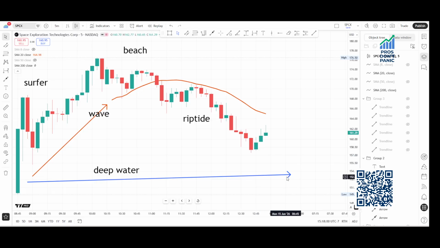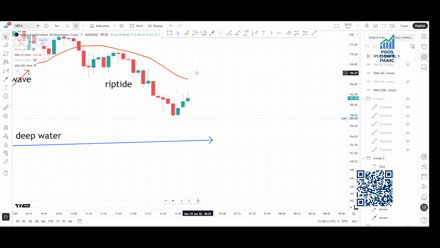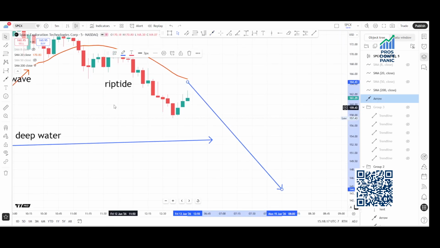Sometimes it will cross the 200 and keep going, and it will flip this entire analogy where your beach will be on the other side. All of this will flip upside down, and you will surf this wave as it flips around. This will possibly cross all the way down. Let's make that orange.